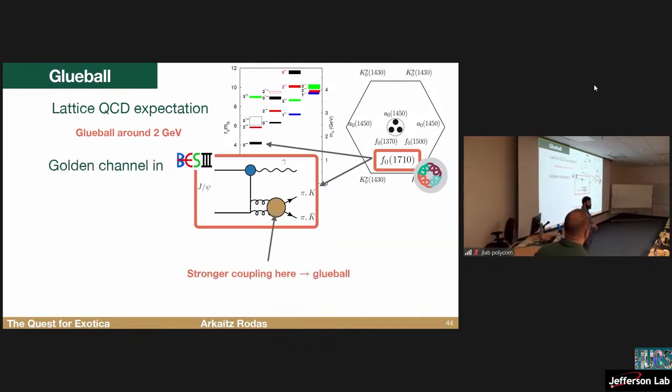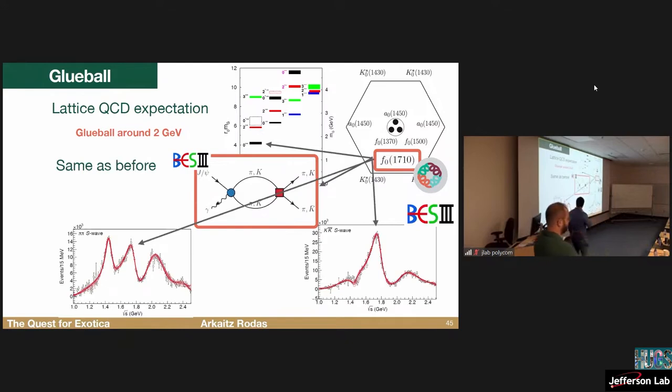It's going to be 0, because it doesn't couple to this particular production process. Which means if a resonance has very little coupling to this, we won't be able to see it in data. And as you see in data, there is nothing over there. There is no 1370, neither in ππ nor KK. The first peak that you see is what we call the 1500. On the other hand, we have two other peaks.